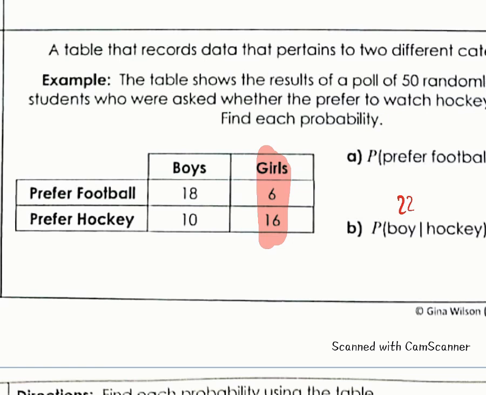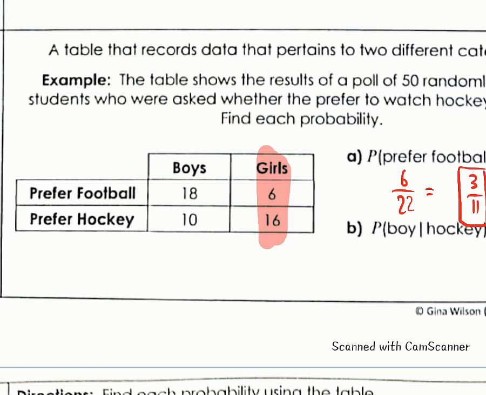That's my bottom number here because those are the only ones that are girls. 22 people are girls. Now, from that group, how many prefer football? So my answer is 6 out of 22, which will reduce, right? To 3 out of 11.